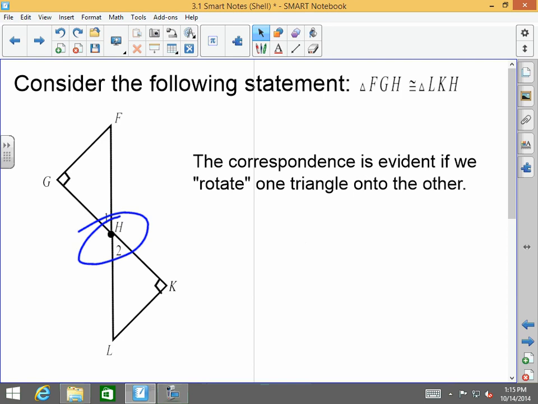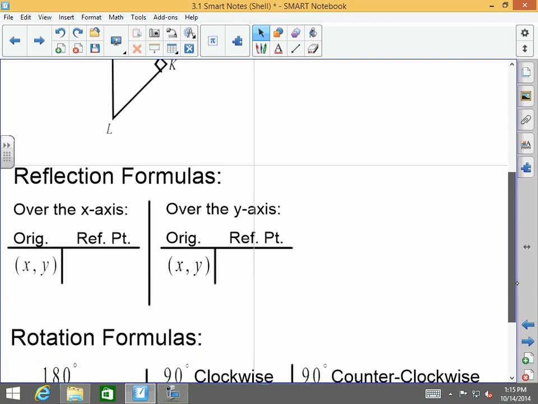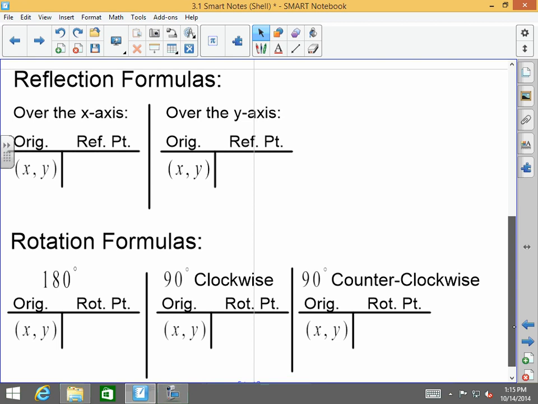Okay? And now that we've talked about reflection and rotation, it's not in your book, but I think that this is very, very important. You're going to see this from time to time, and I want you to be prepared. There are formulas for reflections and rotations. So I'm going to give you the formulas. If you have a reflection over the x-axis, okay, and the original point is xy, your reflection point will be x negative y.